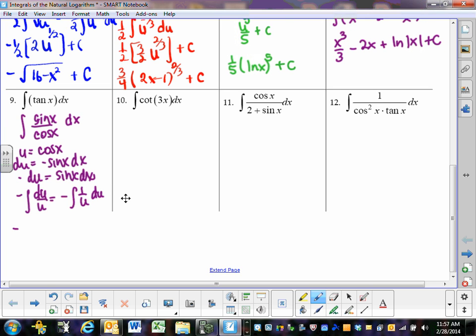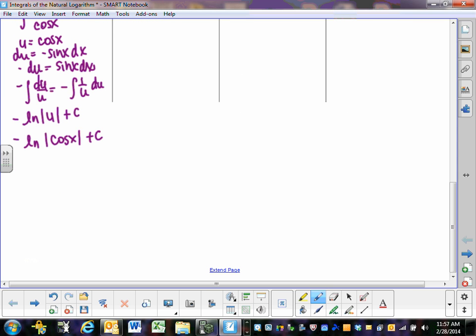And the derivative of u is negative sine x dx. So negative du is what I could substitute in for sine x dx. That means I have negative du over u, and negative 1 over u du.